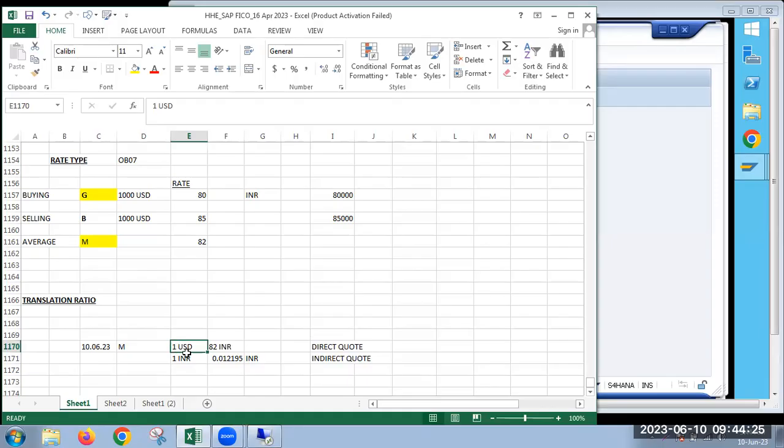So $1 equals 1 into 82 INR, or in reverse, 0.012 USD equals 1 into 1 INR. In multiples of 1, we can specify the relation or the ratio between these two currencies, US dollar and INR. Let the ratio be 1:1.